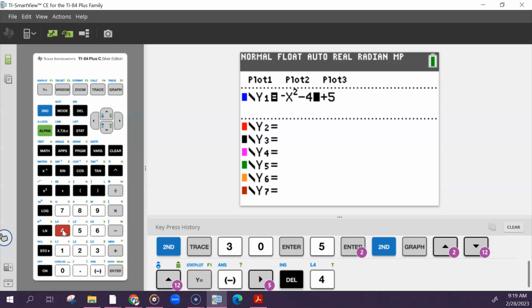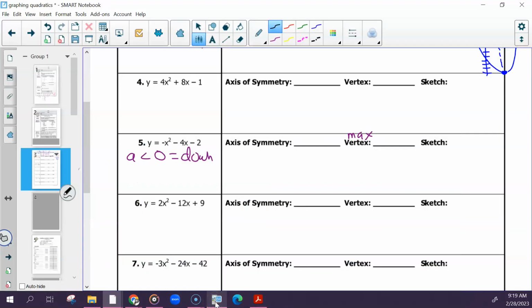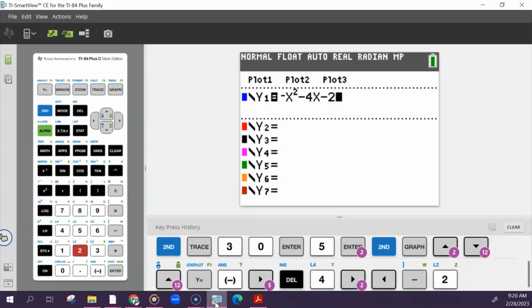I'll show you that in a second. We're still going to do it in the calculator, but if you're doing it algebraically, that would be negative b over 2a, and then the negatives will cancel. This time we're going to go to the table first, so second graph.